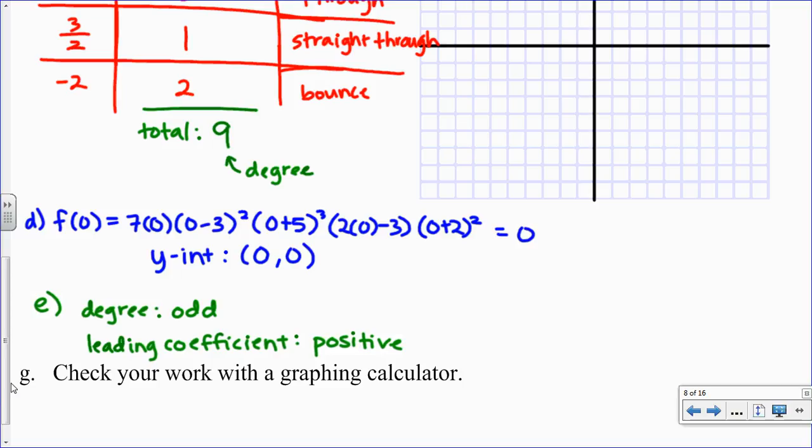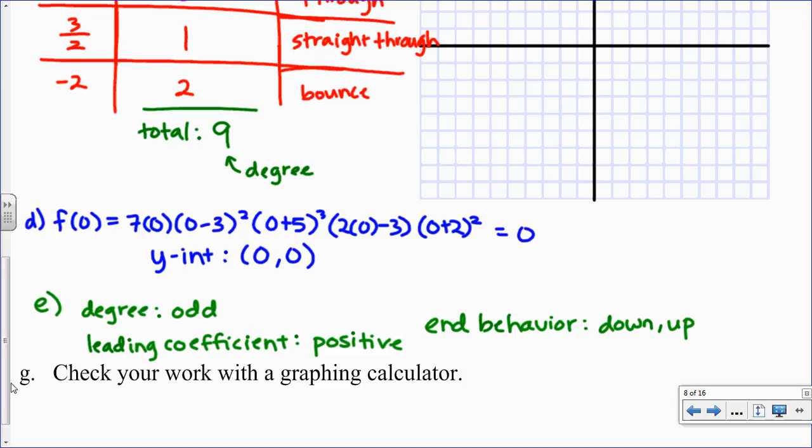Because it's odd. So a cubic looks like this. So down, up. All right, and positive means it stays the same. If this were negative, then it would be opposite, so it would be reflected. So my end behavior is down, up.